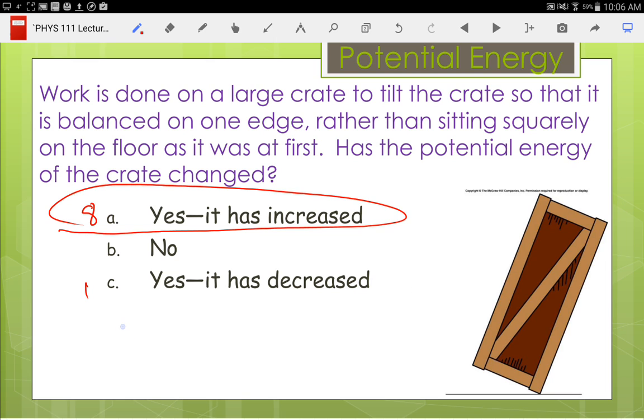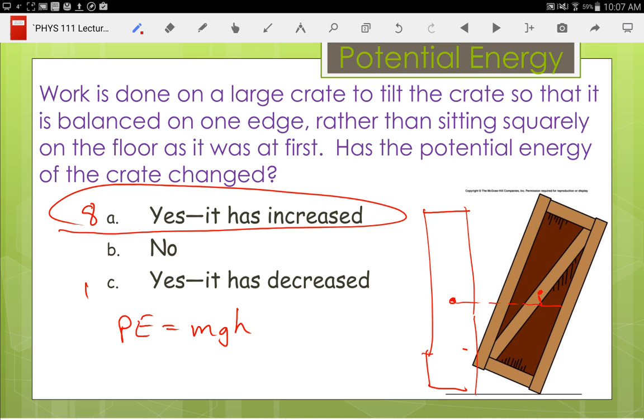Okay, the equation for potential energy is mgh, where h is the vertical height. Nothing to do with horizontal, just the vertical height. So we just look at this and we say, did the center of this thing move up or down? It would have been like this with the center here.